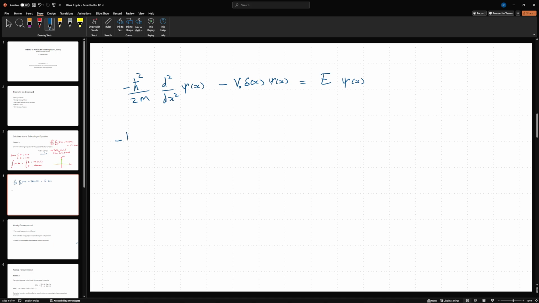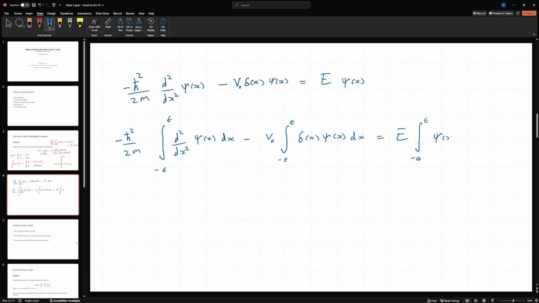So minus h squared by 2m, integral from minus epsilon to epsilon of d squared psi upon dx squared dx, minus v naught, which is a constant so I can keep it outside the integral, integral from minus epsilon to epsilon of delta of x psi of x dx, is equal to e times, again e is a constant, integral from minus epsilon to epsilon of psi of x dx.